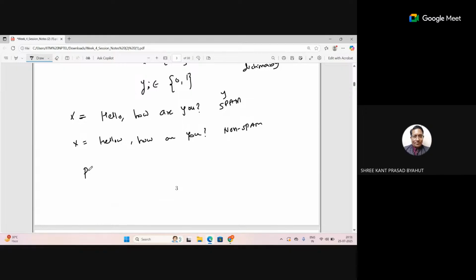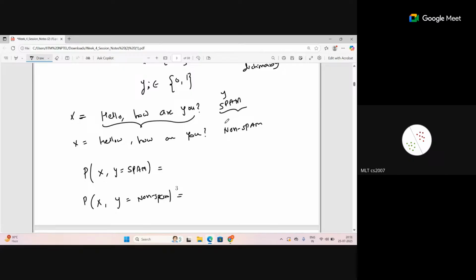If I want to find the probability of x given spam, where x is the sentence, and x given non-spam, will these two probabilities be similar or different? Different, because it is a joint density of this sentence appearing in a spam email.